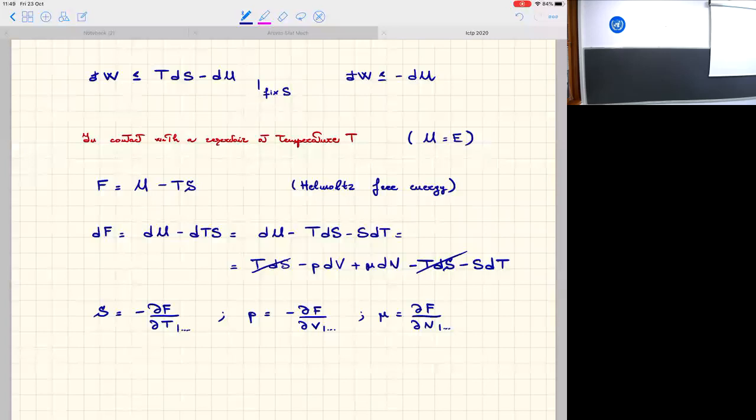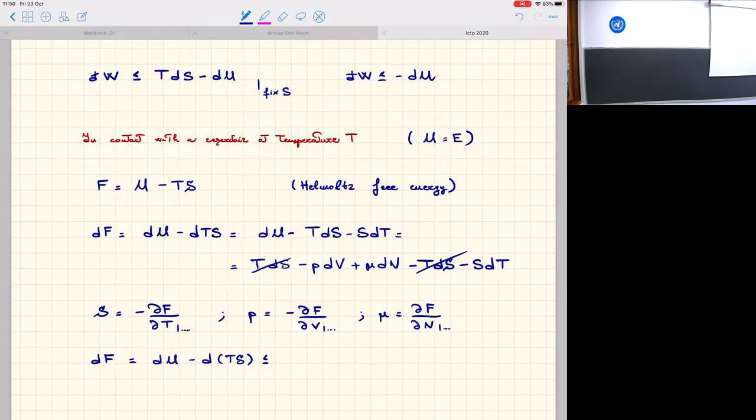And now I simply use what I had before for du, for the change in internal energy. In general, for a generic transformation, df, which is equal to du minus d(Ts), is going to be smaller or equal than the du on a reversible transformation, which is TdS, and so on.